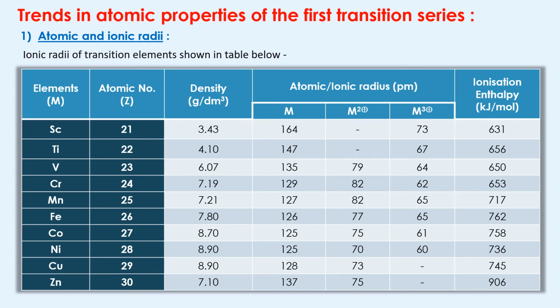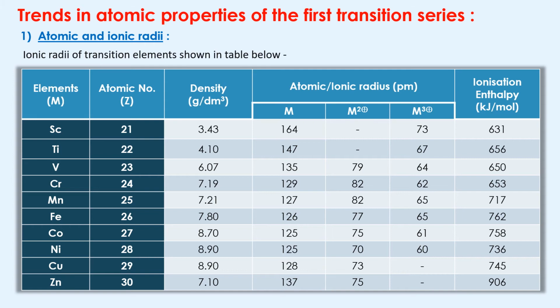Okay, so now in this table, the first transition series, your ionic radii can be studied on the basis of two factors. First, you have to consider elements having the same oxidation state, or second, you have to consider the same element in different oxidation states.